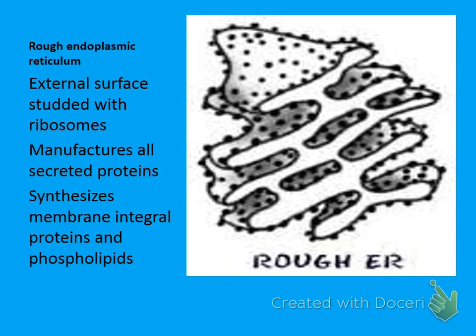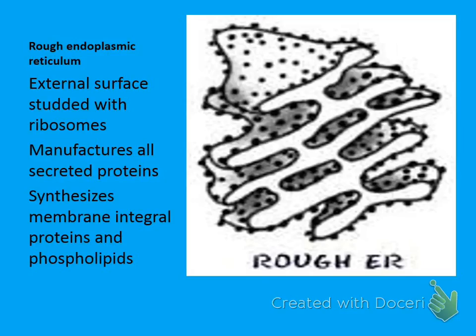Now the rough ER is named rough ER because of the ribosomes that are chemically attached to those little membranes. The endoplasmic reticulum is a membrane that is contiguous with the nuclear membrane. It's attached to it. Here they produce proteins and phospholipids, which is kind of interesting.